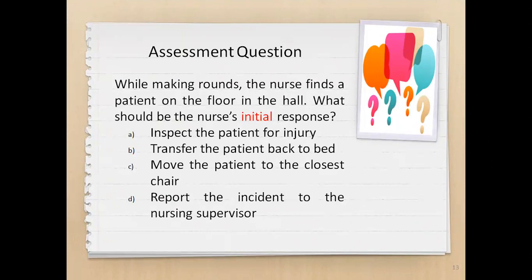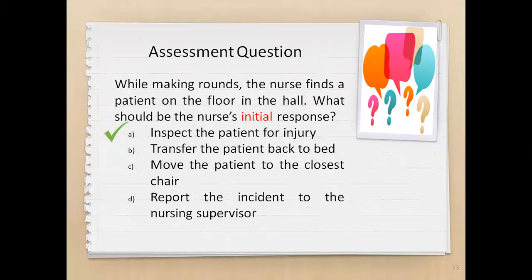Is it A, inspect the patient for injury, B, transfer the patient back to bed, C, move the patient to the closest chair, D, report the incident to the nursing supervisor? So what's your answer here? The best answer would be letter A, inspect the patient for injuries. So you have to assess if the patient incurred any injury due to the fall.